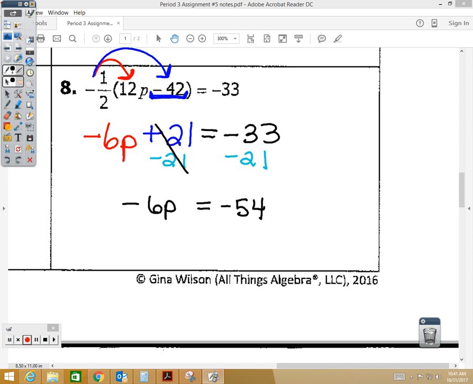And the last step is to divide by negative 6. It is not negative 9. It is not negative anything. Why is it not a negative answer? Two negatives make a positive.